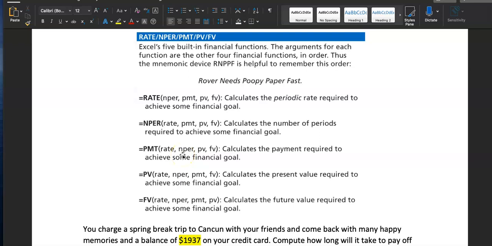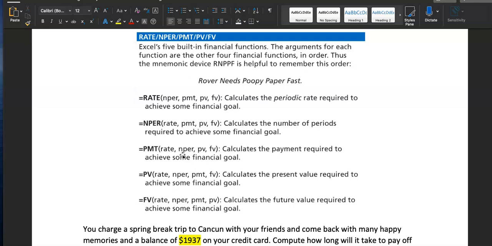This week, we're going to look at the NPER, the number of periods required to achieve some financial goal, and the payment, which is going to help us figuring out the monthly payment for this credit card. So we're going to be using NPER and PMT function in section 9.5.